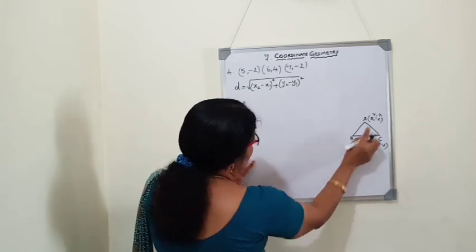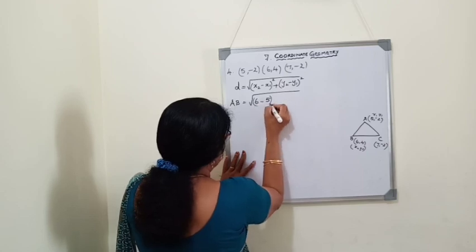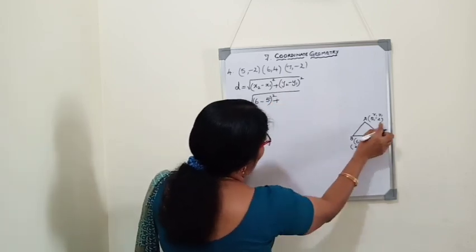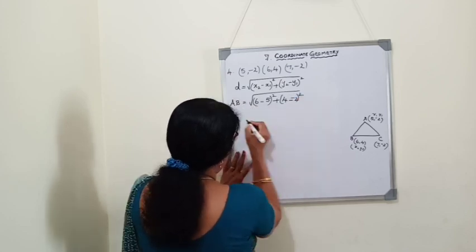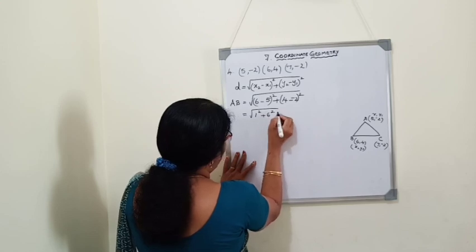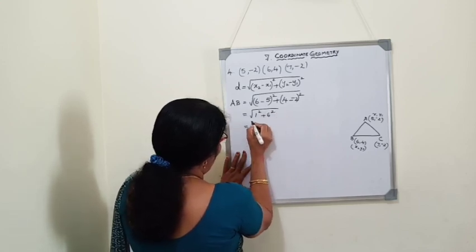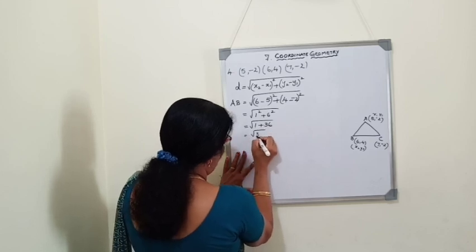So 6 minus 5 the whole square plus 4 minus 2 the whole square equals square root of 1 square plus 6 square, is equal to square root of 1 plus 36. It is square root of 37.